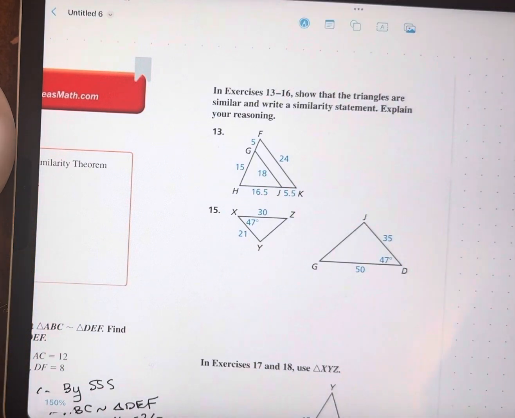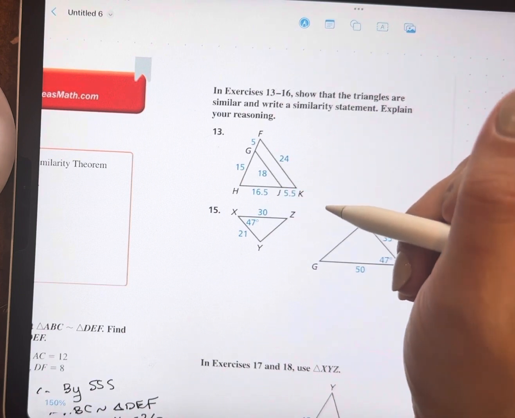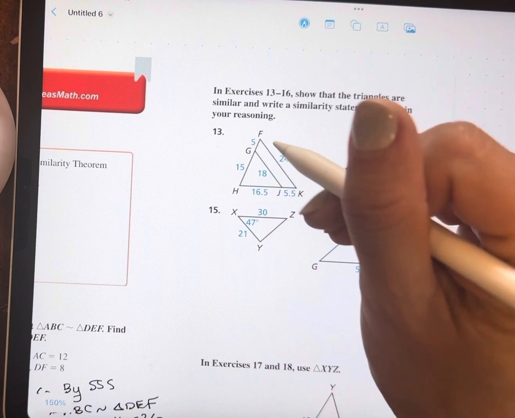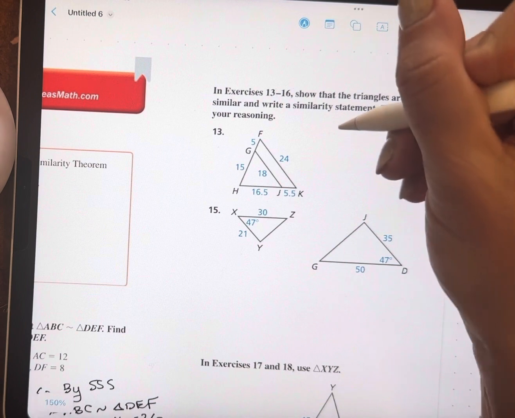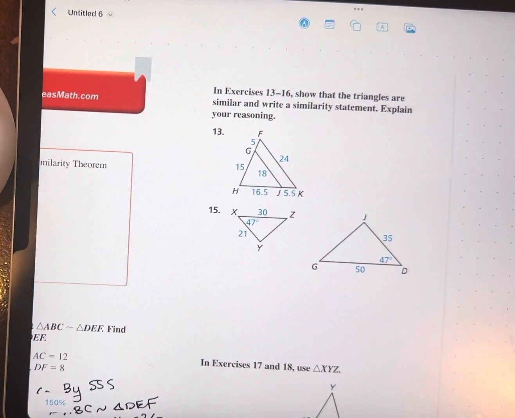Number 13. I'm gonna dare to try again. So, show that the triangles are similar and write the similarity statement and so on. Okay. So the first triangle is HGJ and the second triangle is HFK. It's a little confusing like this. I don't like it. So I very strongly recommend just redraw them.